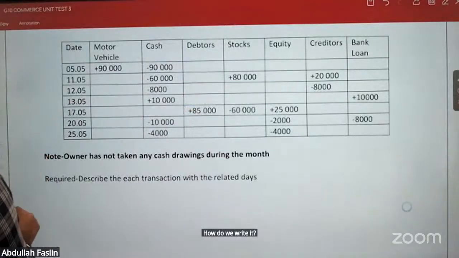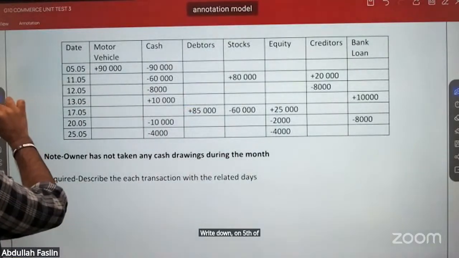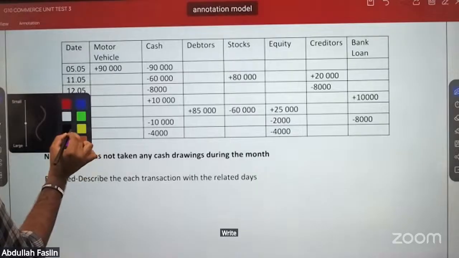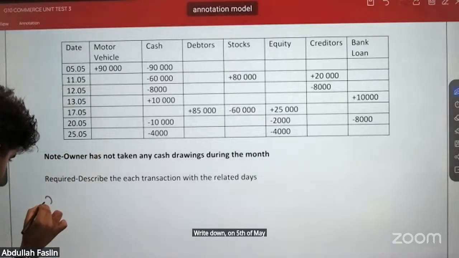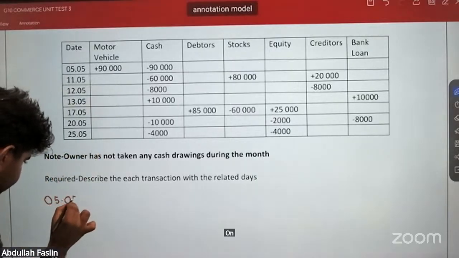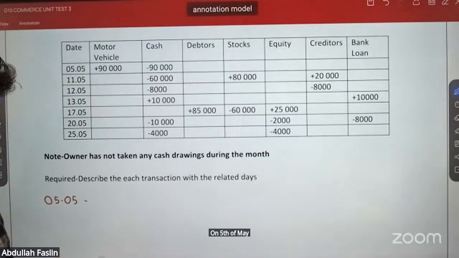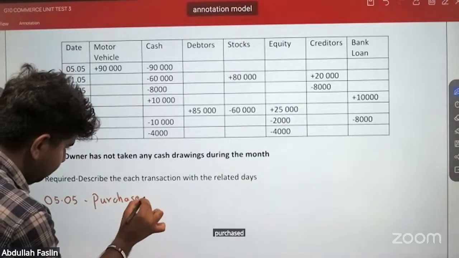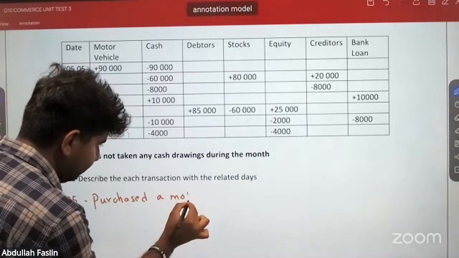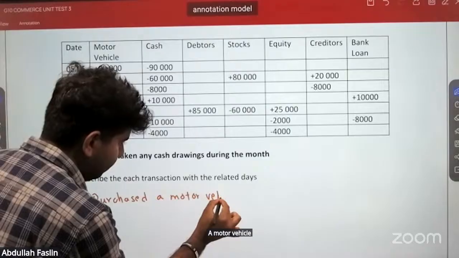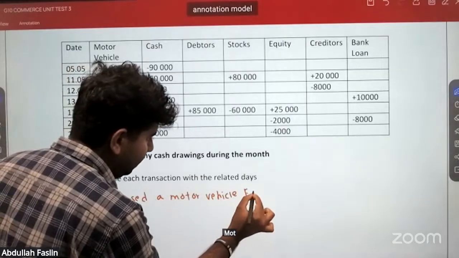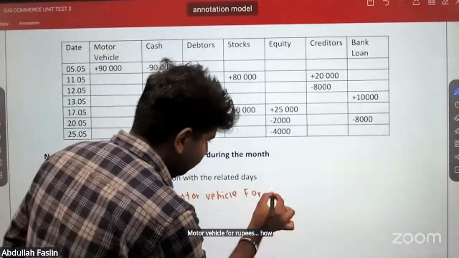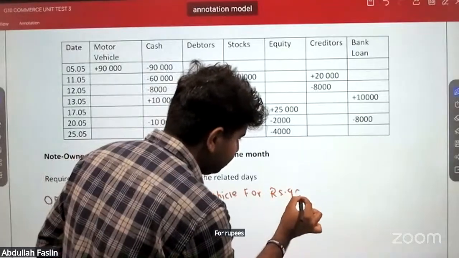Write down: on 5th of May, purchased a motor vehicle for rupees 90,000.